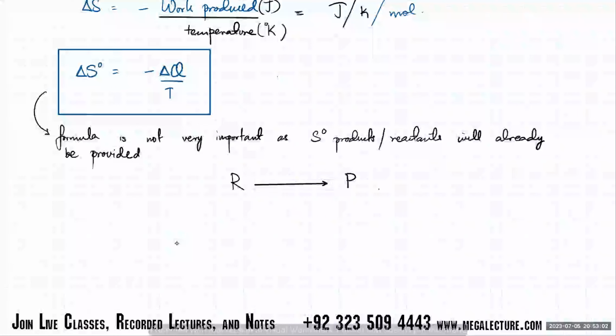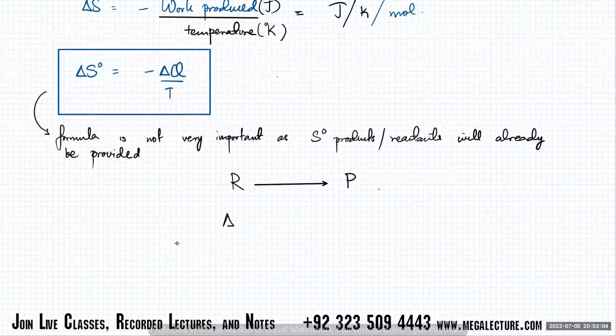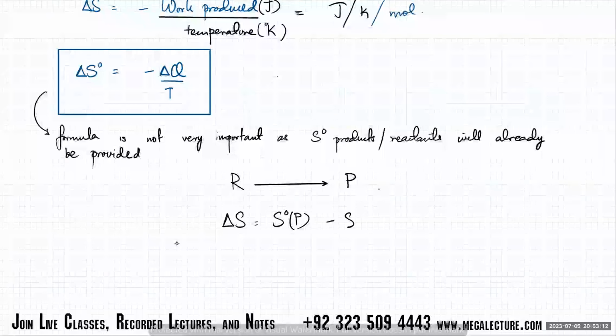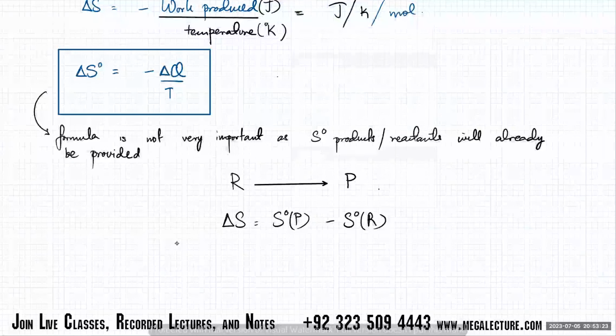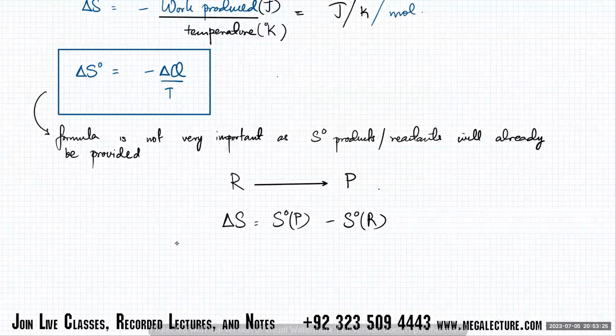The entropies of the products would be given to you, and the entropies of your reactants would also be given to you. So all you have to do is calculate the difference. That will tell you the entropy change. So it's the entropy of the products minus the entropies of the reactants, and that's it.